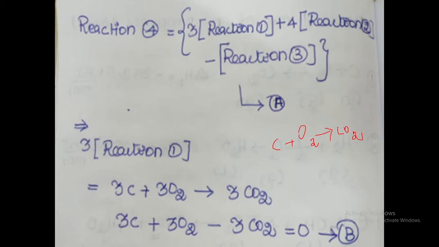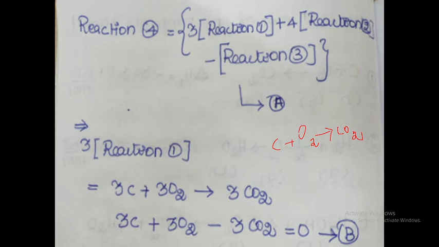Then add these two reactions: 3 into reaction 1 plus 4 into reaction 2. And we have to subtract the rest of the reaction in the given problem. Which one is the rest of the reaction? Reaction number 3, minus reaction number 3. Then we will get the standard heat of formation reaction of N-propanol liquid, that is reaction number 4. Are you clear or not?